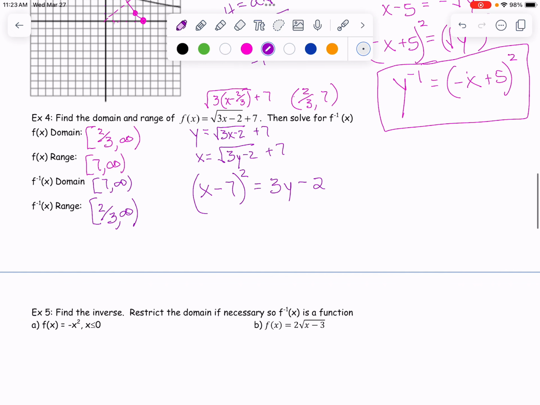And then I have to add 2, oops, it's supposed to be 2, and then divide everything by 3. And that's your inverse.